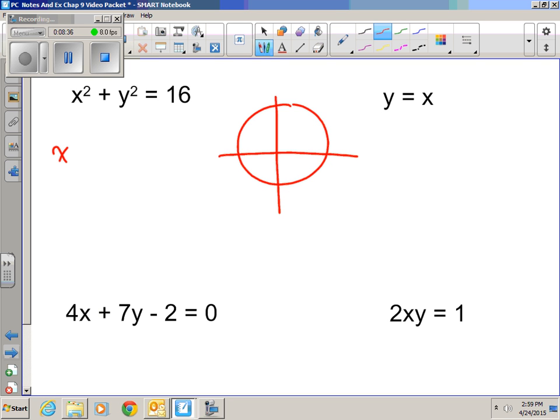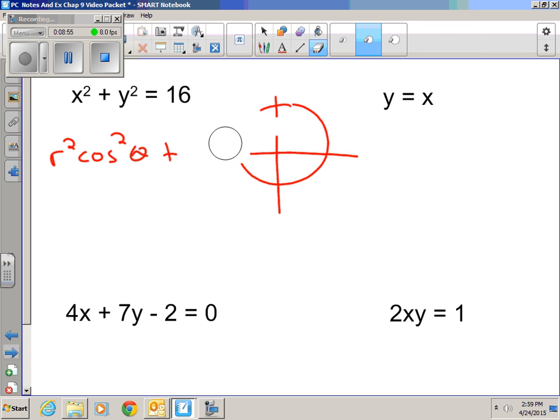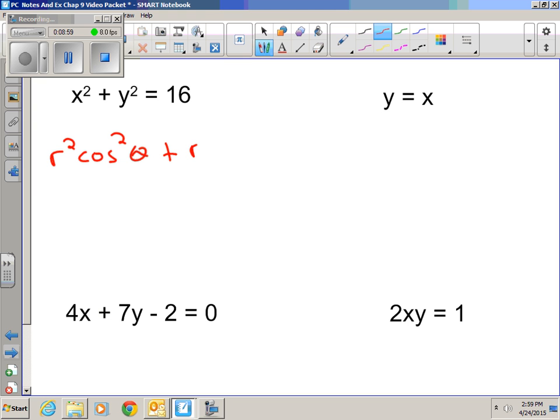But we can convert this by saying x squared, which is r cosine theta squared, so it's r squared cos squared theta, plus r squared sine squared theta is equal to 16.